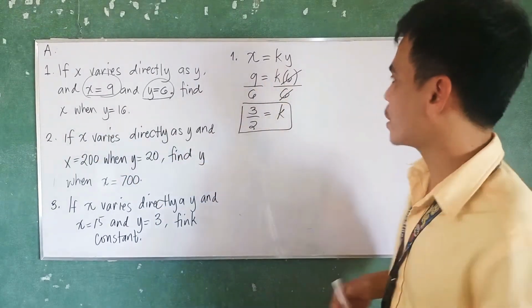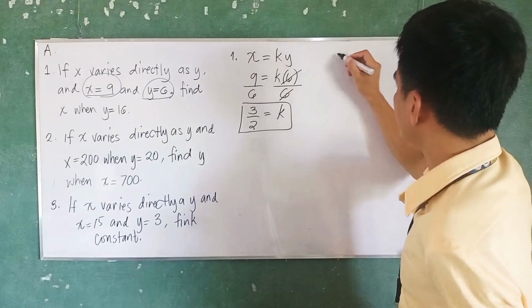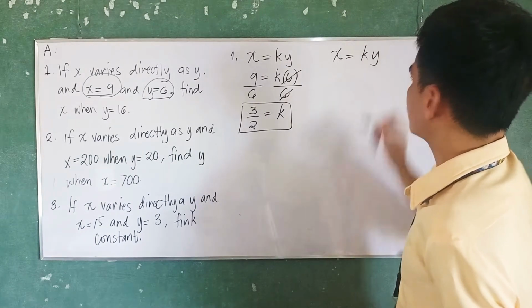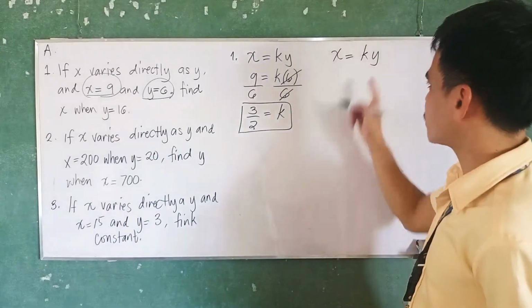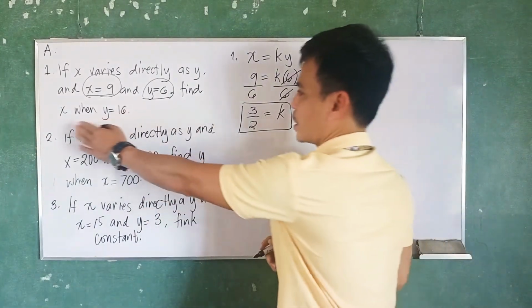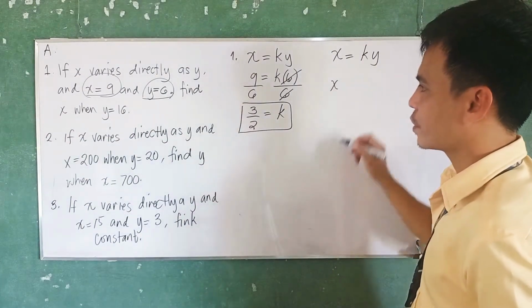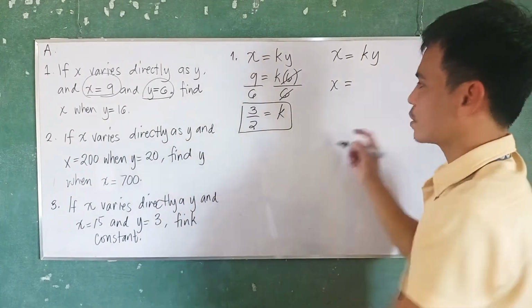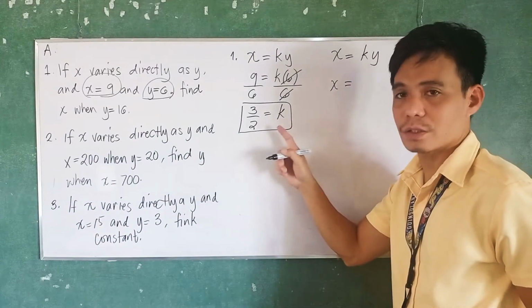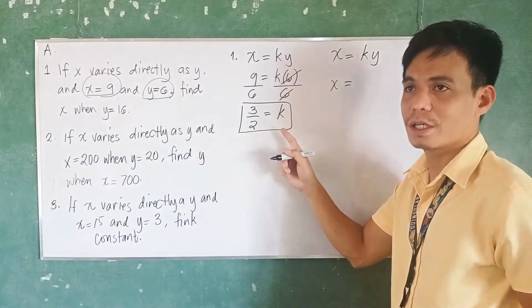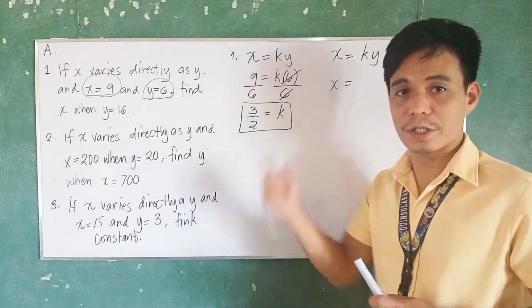So you can use again the symbol x equals k times y. Just substitute the values of the second situation. Your x there is missing. Your k is what we computed a while ago. So kaya importante itong constant guys because we can use it as a solution for our next situation.